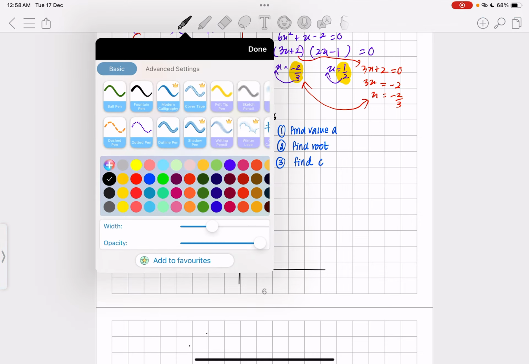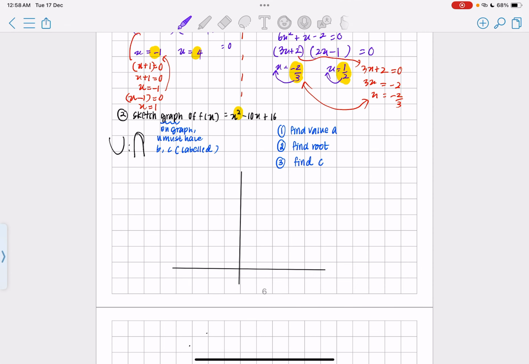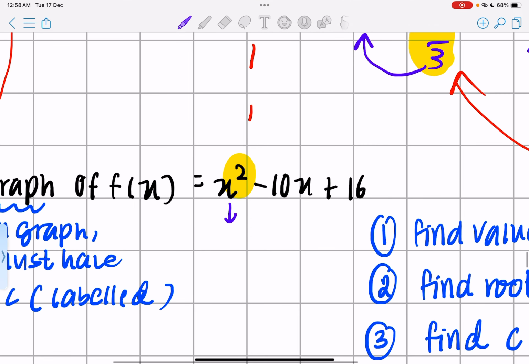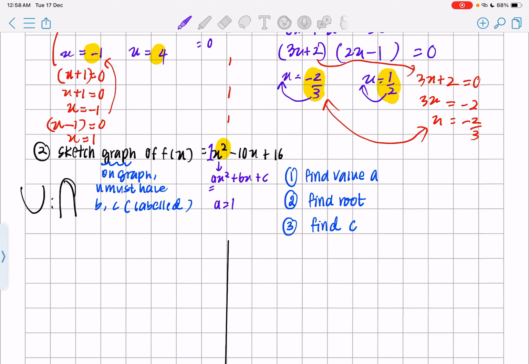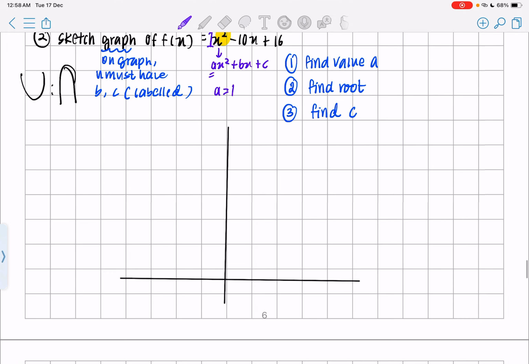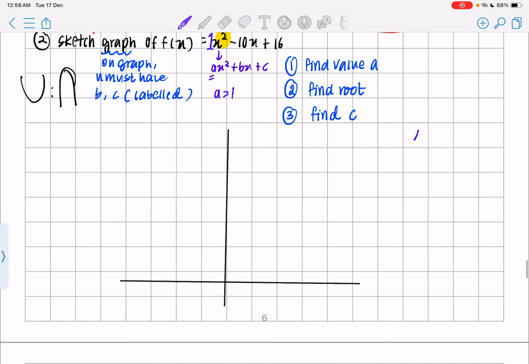Alright, first let's check value. Kalau you blur, tulis balik equation yang kita ingat. A, they show sama ada it's smiley or sad. Sekarang ni, depan X kita adalah 1 ataupun value A kita adalah 1. So, 1 is positive or more than 0. That's mean it will be happy.